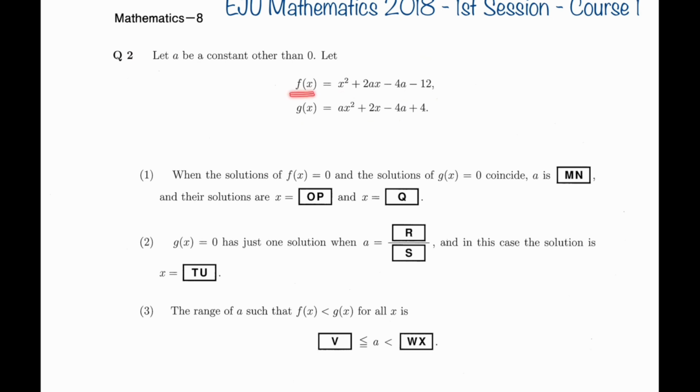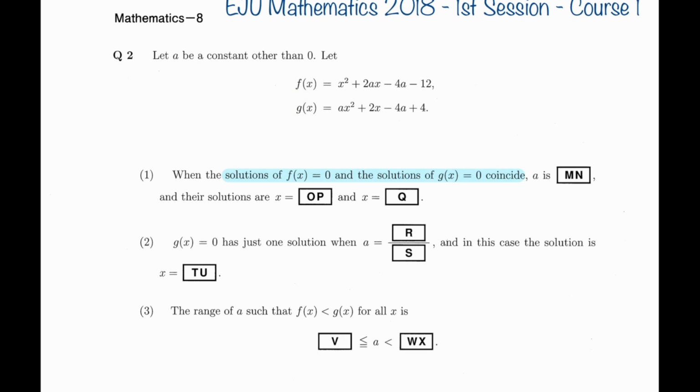The first one is f of x and then the second one is g of x. When the solution of f of x equals to 0 and the solutions of g of x is equals to 0 coincide, then a is equals to blah blah blah and their solutions are x equals to blah blah blah.